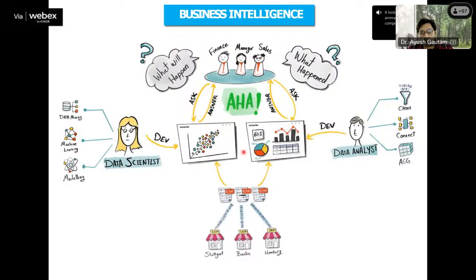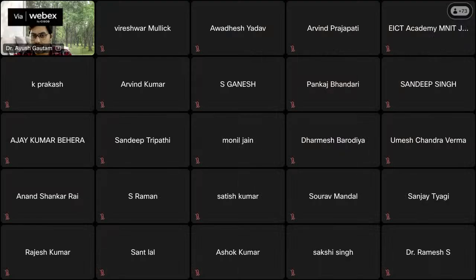Okay, and with the help of data visualization, one can do business intelligence. So this is called business intelligence. I hope it is clear to everyone. Okay. So this is a bit about business intelligence.